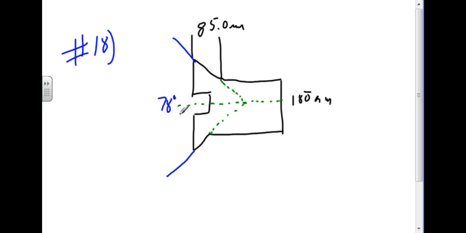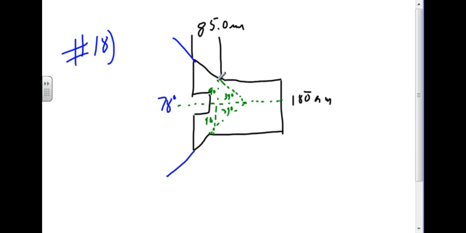It's half of 78. What's half of 78? 39. So I got 39 degrees there and there. And then I look at this guy sitting here, and he's going to be half of 180. So I've got 90 there.